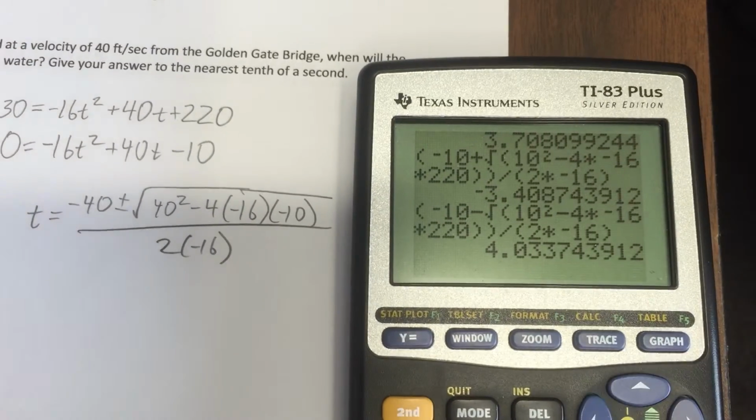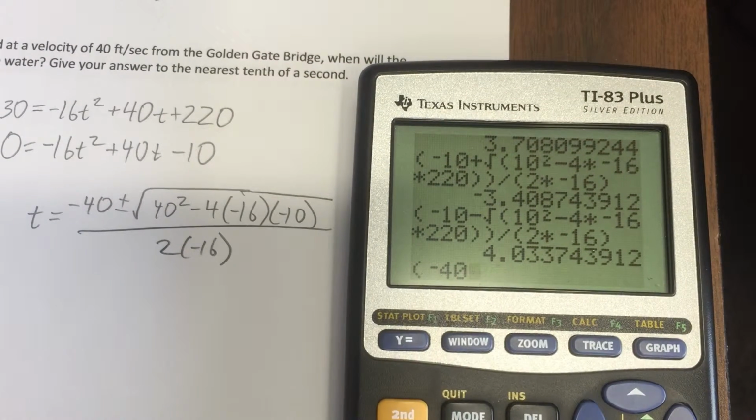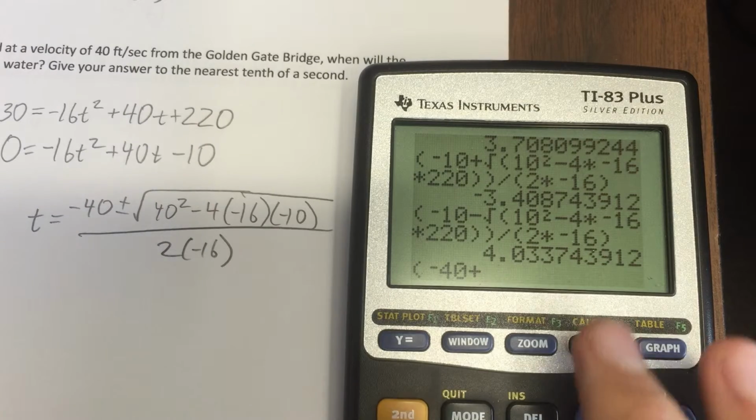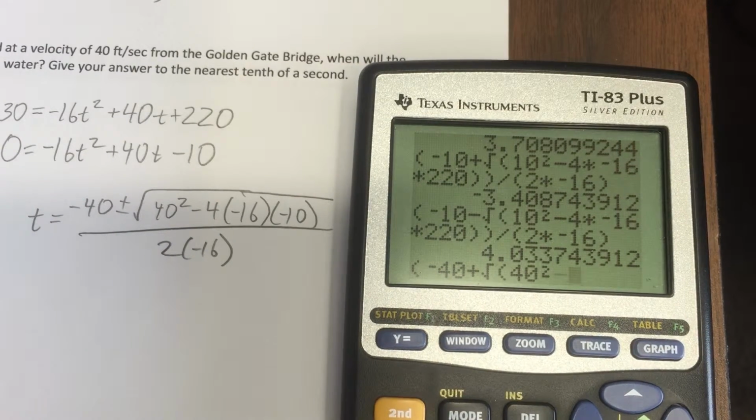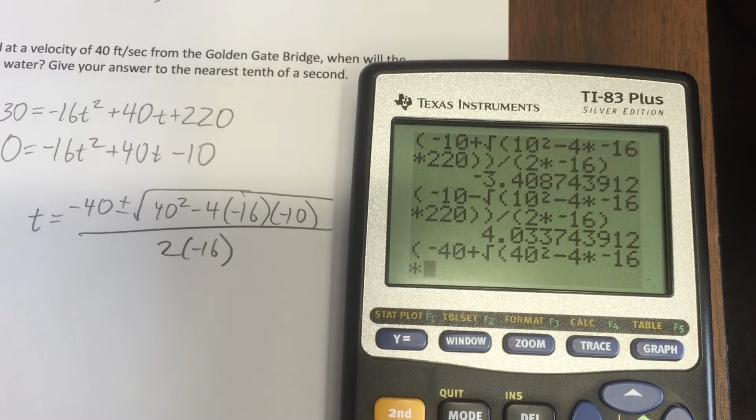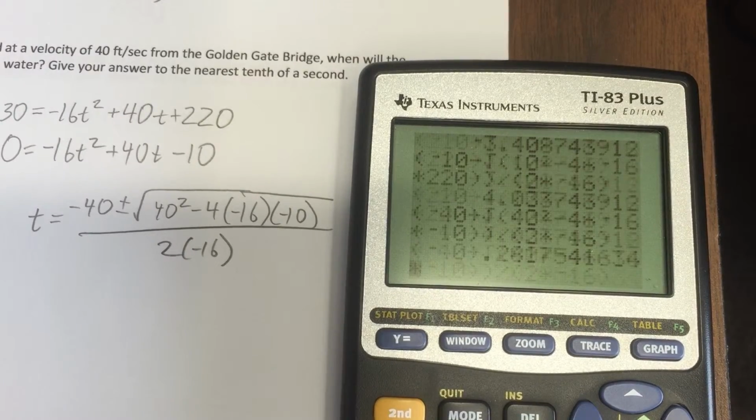We're going to have negative 40 plus the square root of 40 squared minus 4 times negative 16 times negative 10 divided by 2 times negative 16.